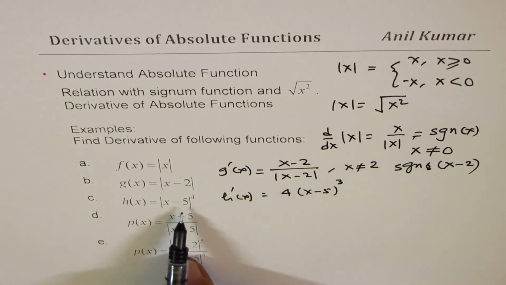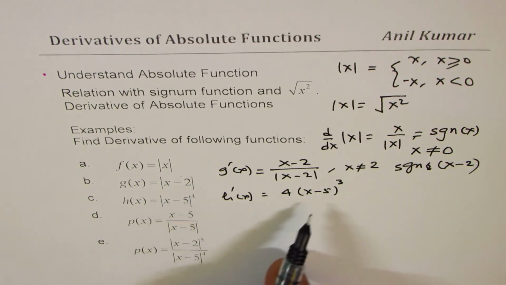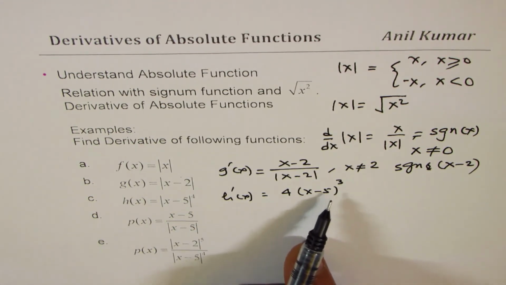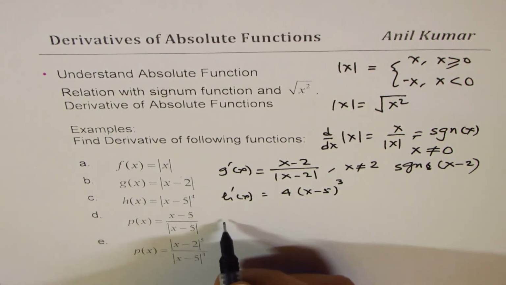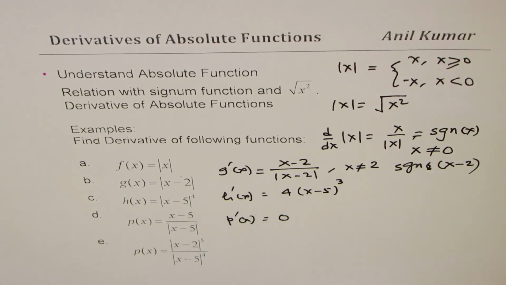Do you see that? Since the absolute value of x minus 5 to the power of 4 is (x minus 5) to the power of 4, right? And this was very interesting as we found that derivative to be 0. And this, as we showed you, could be solved using the signum function or using the piecewise function. So I hope you understand and appreciate the approach.